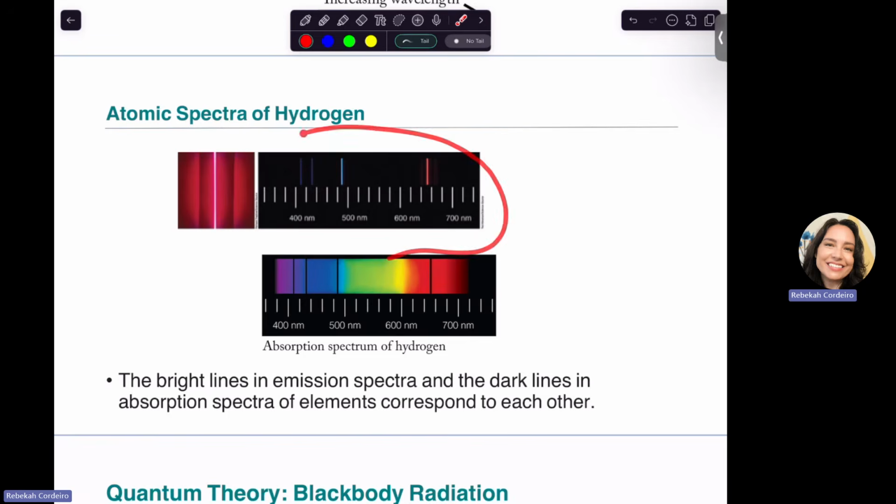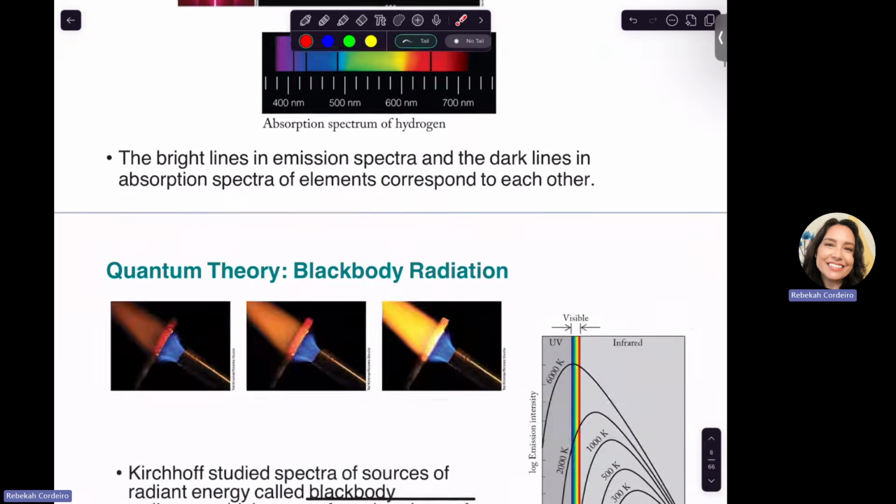This is called an emission spectrum when we look at only what is given off, and an absorption spectrum is just the opposite. It looks at only what is being absorbed by the detector. I don't think you have to worry about this too much in lecture, and I don't think that you have anything in lab where it goes into too much detail on this. You might have a little bit of something, but don't worry too much about it.